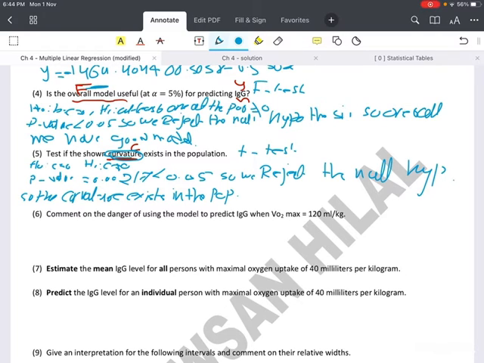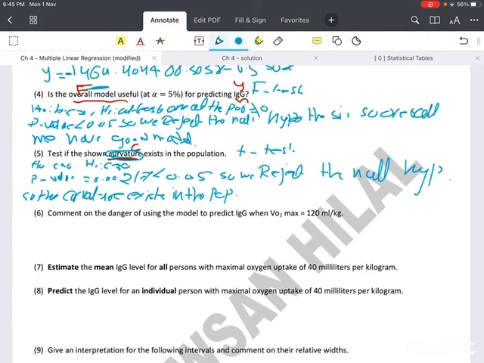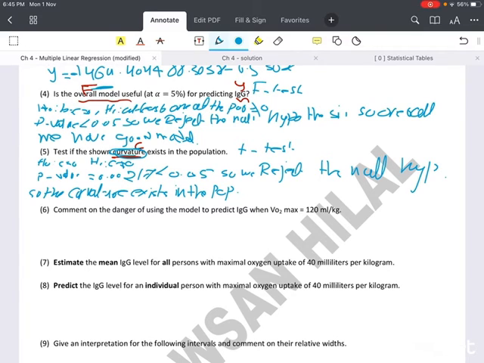It is about the T test. Then 6: comment on the danger of using the model. This means they need me to write a comment or interpretation on the danger of using the model.